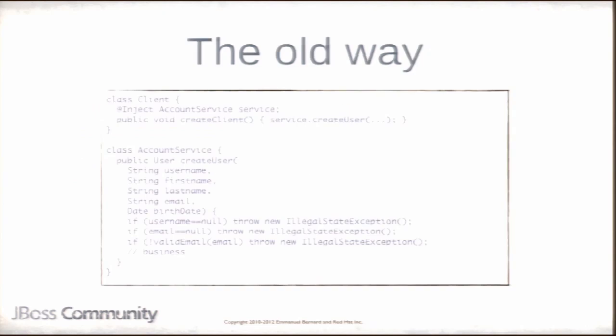So that's how you would do it before bean validation method validation. Here I've got a client that creates a user by using the account service. I'm passing a few parameters and I'm validating some of those parameters. And if those parameters are not what I expect, I raise some kind of exception.